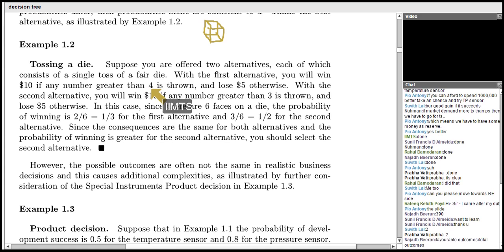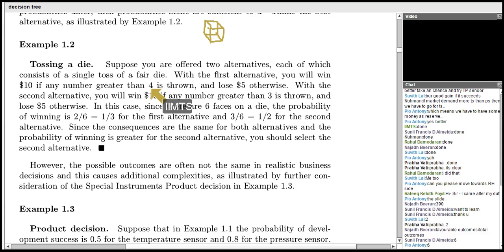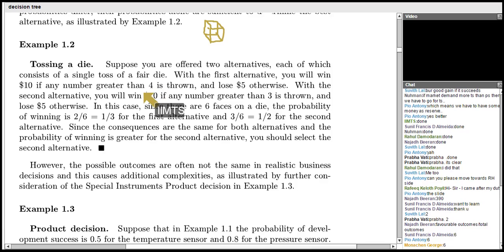And how many faces are there in total on the die? There are 6. That's very good. So we are expecting 2 outcomes from the 6 possible outcomes. That is why we have 2 on 6, which, if you simplify it, is 1/3.